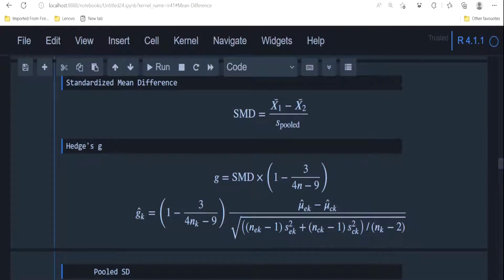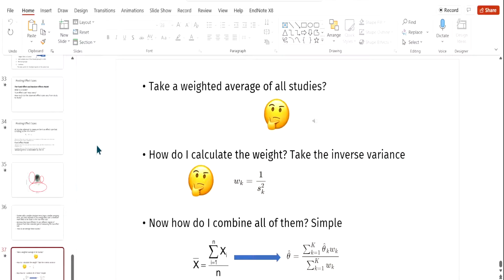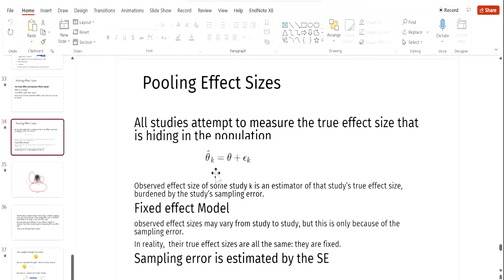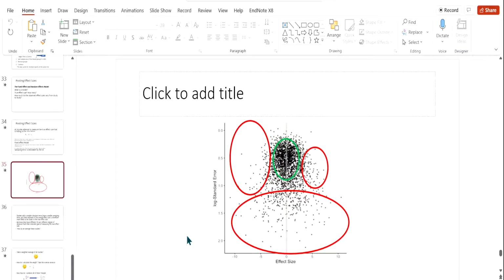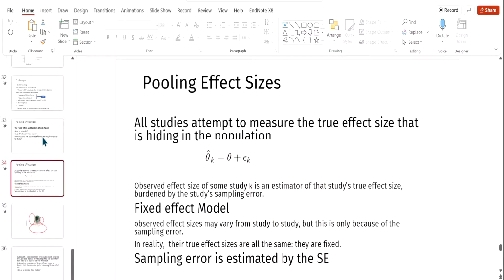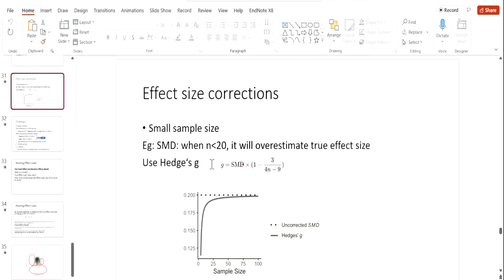Last time, if you remember from my last tutorial, I was talking about correcting effect sizes using Hedges' g, especially if sample sizes are small. So this is the effect size, and I need to scroll somewhere. There you go, here. This is Hedges' g. You calculate the standardized mean difference the way I have shown you in the formula, and then you multiply that by 1 minus 3 divided by 4N minus 9.